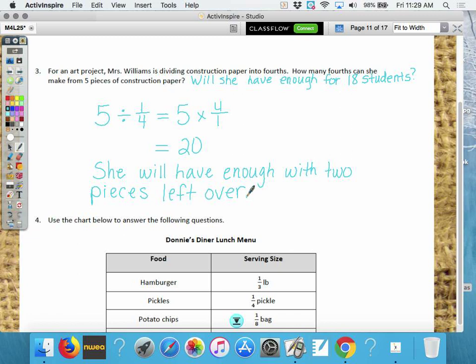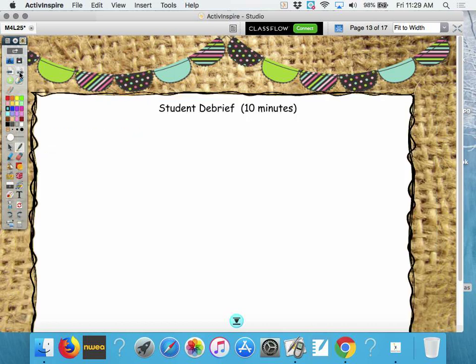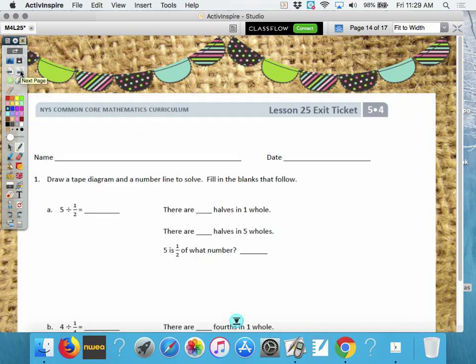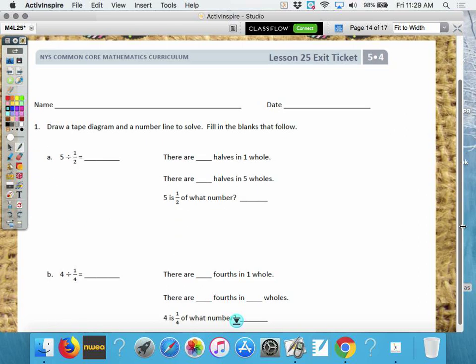Okay. So let's look at the exit ticket. You'll have this on here if you need it, if you can't remember what to do. Right here. This makes me crazy. How is this different from the first page of your problem set? This should be somewhere else. Where should it be?